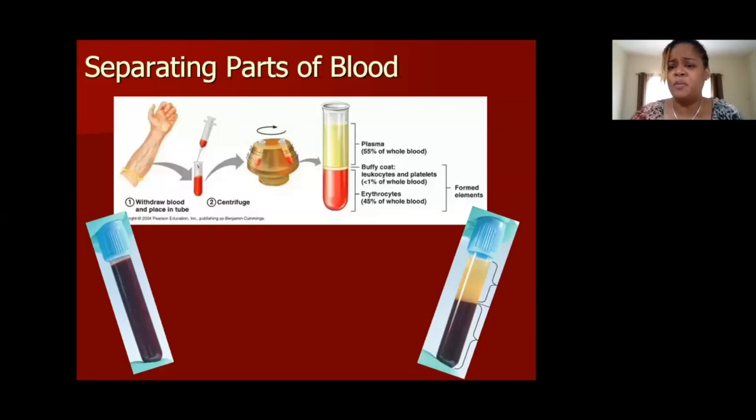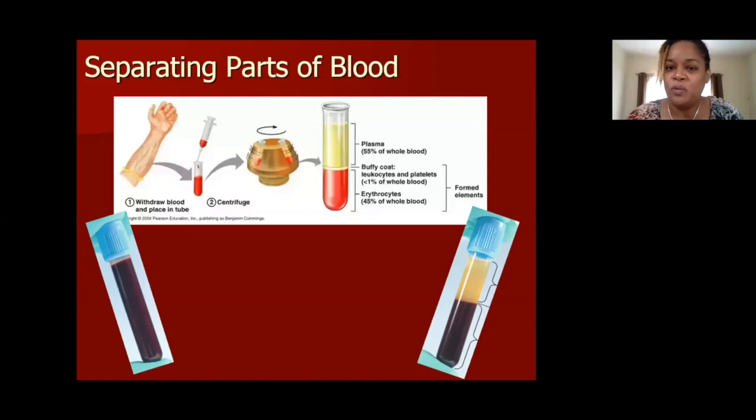If we were to separate blood into its components, we can do that in a laboratory using an instrument called a centrifuge, and a centrifuge simply spins very, very quickly, so it allows solid or heavier substances to sink and lighter substances to float.